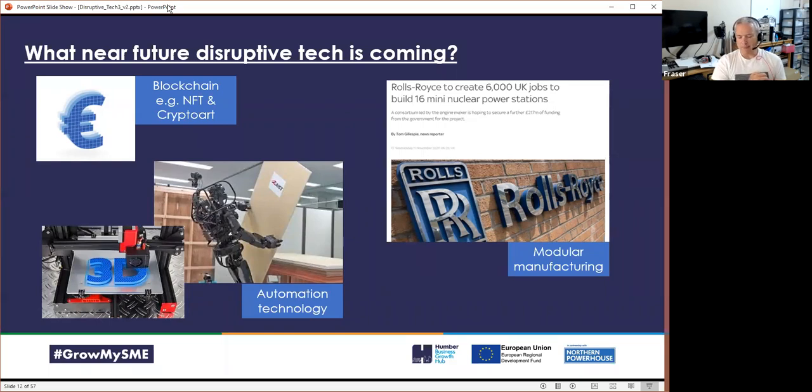Top right there, this is Rolls-Royce, who have been recently commissioned to produce what I'm calling small nuclear reactors. These are the kind of nuclear reactors which might be found in a submarine, could well be at your local Tesco's. Maybe a horrifying thought, but the point here is, whilst the tech has been around for a while, Rolls-Royce are working on modular manufacturing.